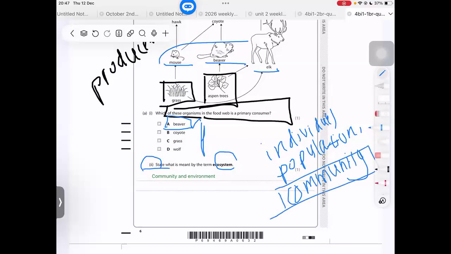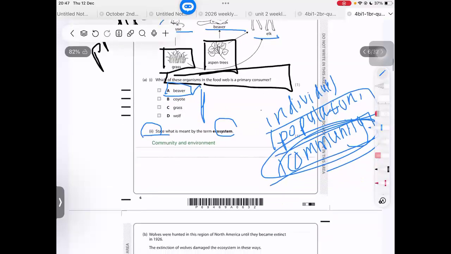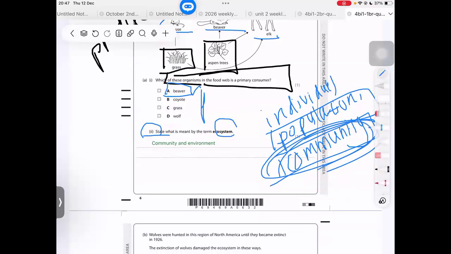Different populations of different species, lions, zebras, giraffes, like in Madagascar, you have different populations. So there is a community. After that, the community and the non-living environment, the rivers, the grass, the sunlight, water, all these things make an ecosystem.